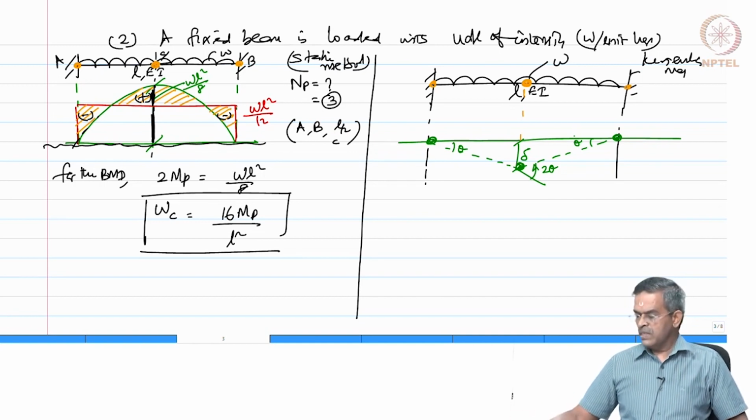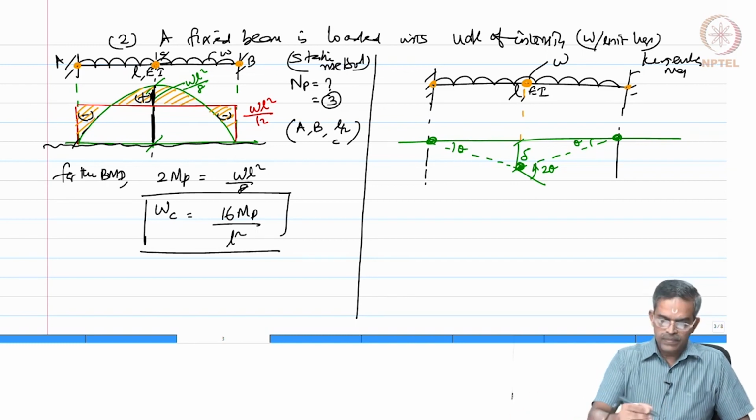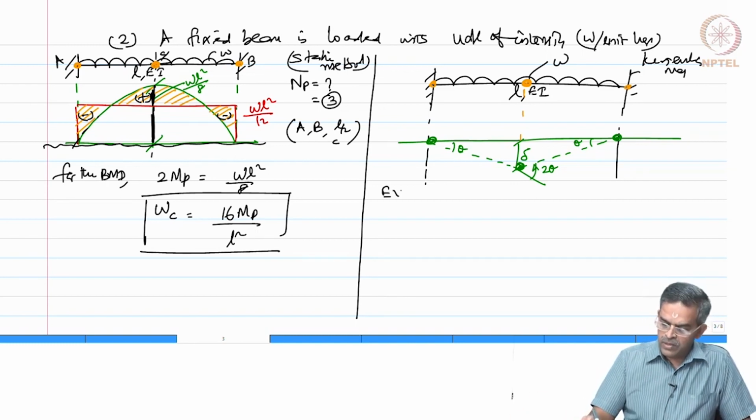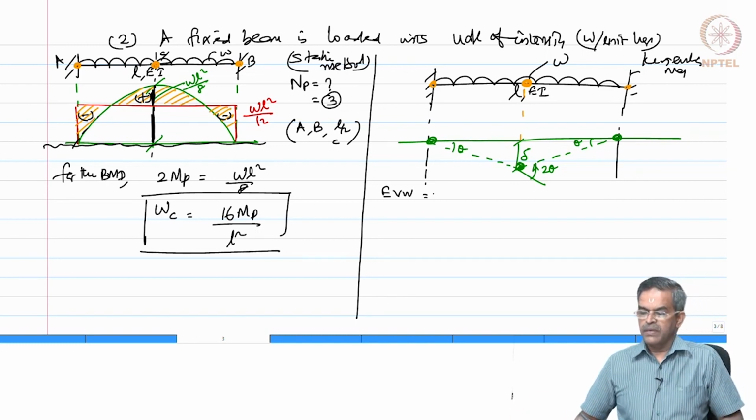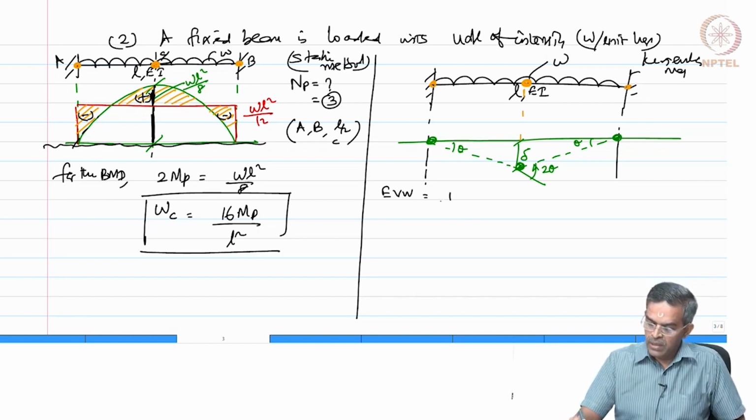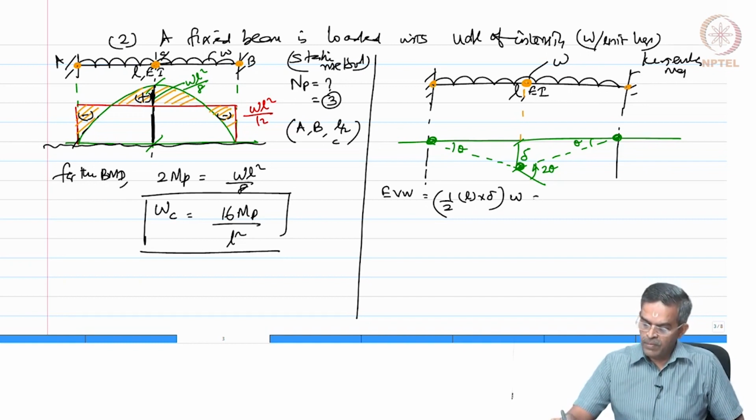Now, let us see what is the external virtual work. The external virtual work is done by the load on this area. So, it is nothing but, if it is UDL, half into base into height into W, which will be WL del by 2.